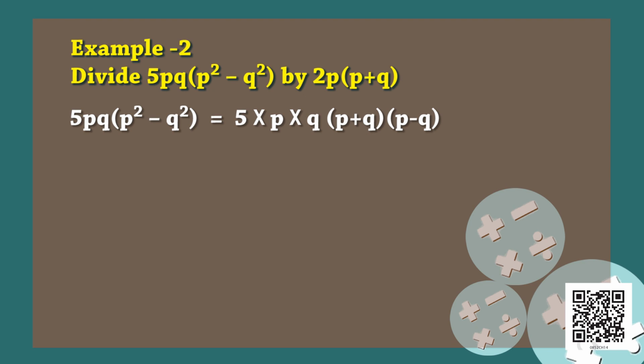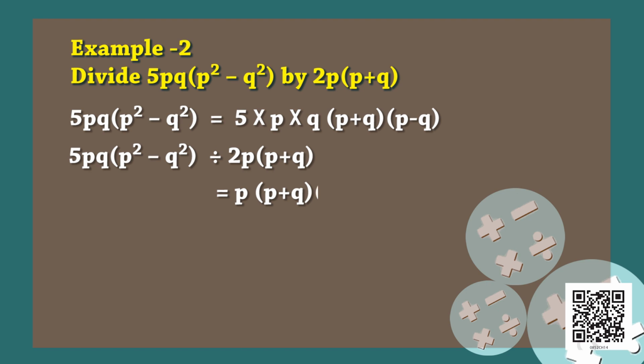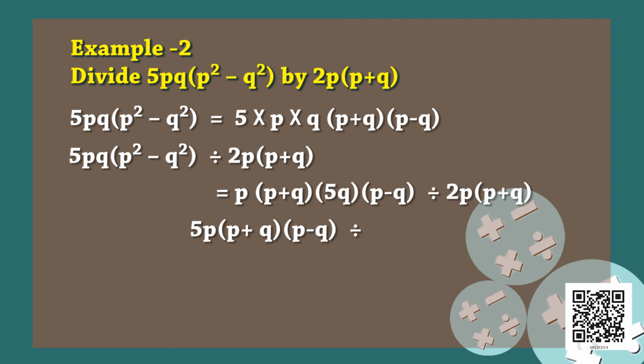Hence, we have 5pq into (p square minus q square) divided by 2p into (p plus q) is equal to 5 into p into q into (p plus q) into (p minus q) divided by 2p into (p plus q). Hence, by cancelling the common terms p into (p plus q), we have 5 by 2 q into (p minus q).